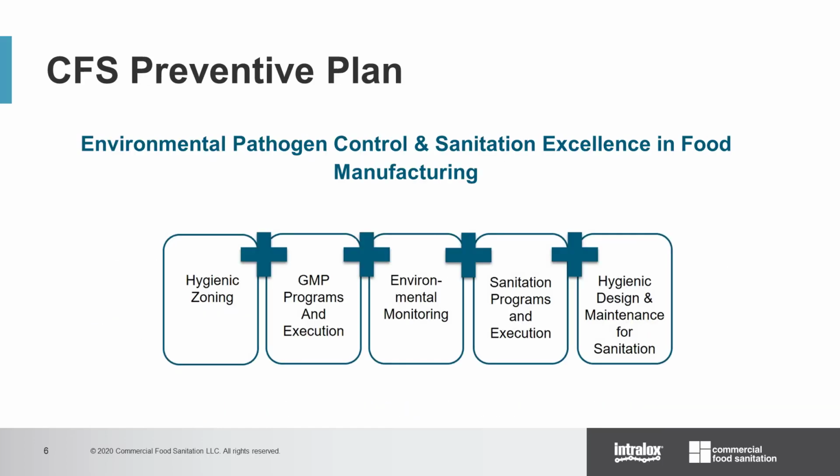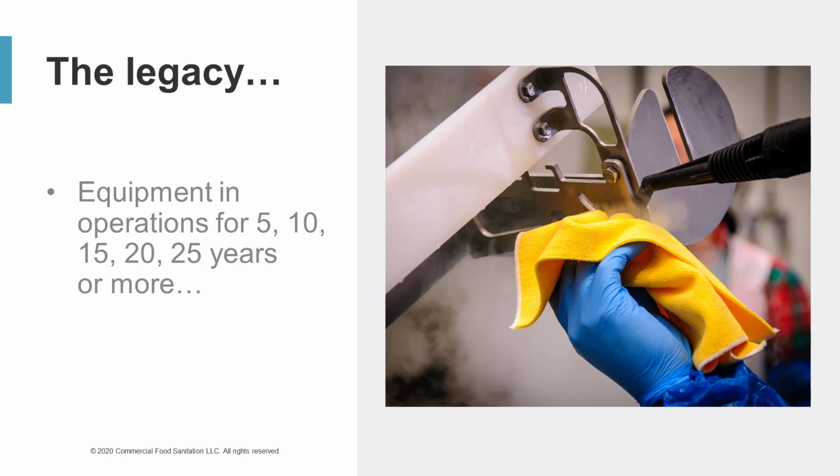In Course 1, we covered the CFS Preventative Plan, set up for excellence in food manufacturing through environmental pathogen control and sanitation excellence. The fifth element we covered, hygienic design, is an important part of prevention and the first stepping stone to food safety. It doesn't matter if you're an equipment manufacturer making recommendations or building equipment for the food industry, or if you're a food processor making decisions on equipment to purchase.